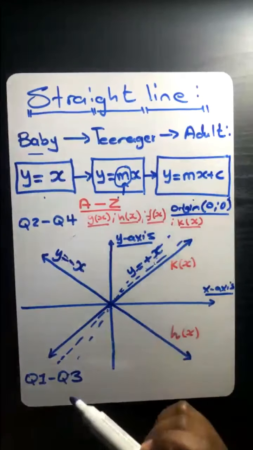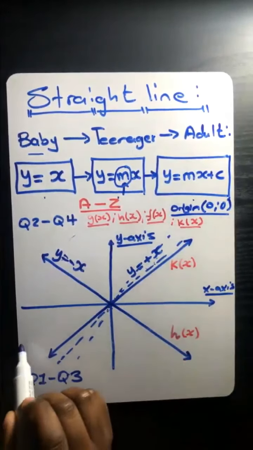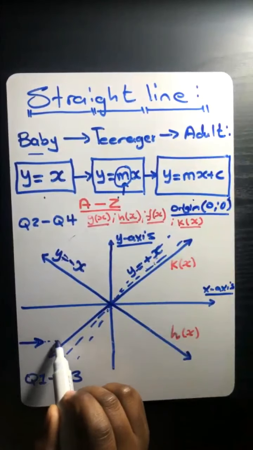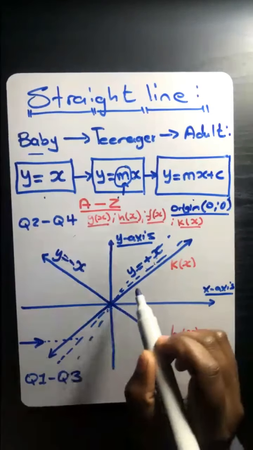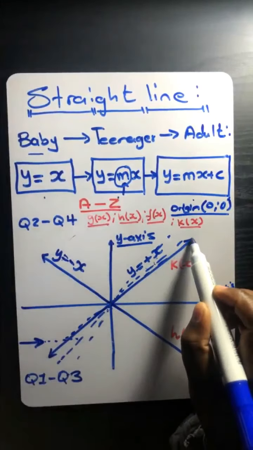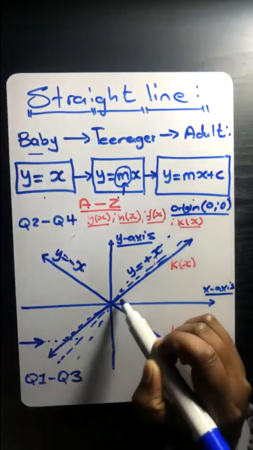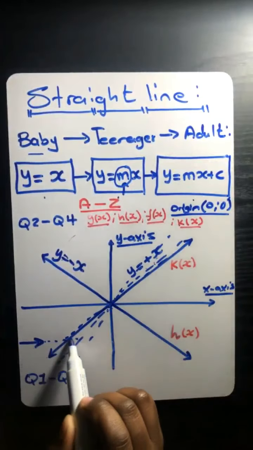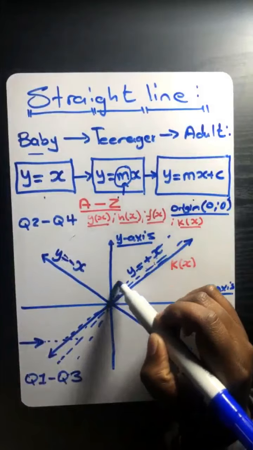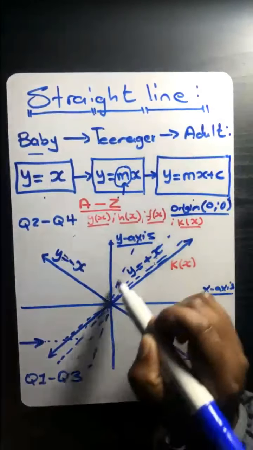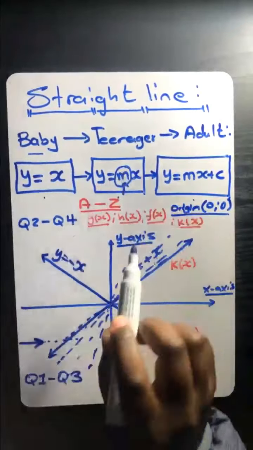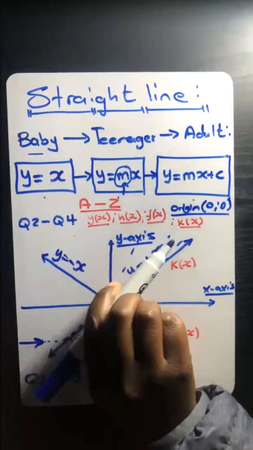When I say it gets steeper, just think of yourself walking from that direction and you have to climb this straight line. To climb this one, you can easily walk up. But if it gets steeper, think of it as a mountain. You want to climb it, it gets steeper. If that value increases, it gets even steeper, ladies and gentlemen. But if it decreases, then the slope becomes gentle.